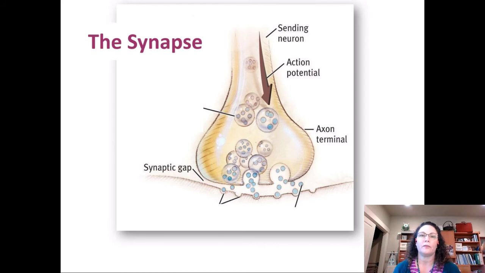At the terminal fiber, the electrical impulse, the action potential, comes down and actually causes little vesicles, little balls containing molecules in them, to rupture out the end of the terminal fiber, float across the synapse, and lodge in the receiving cell's receptor sites. And that's how the message gets passed. Those little blue balls in the picture are floating across the synaptic gap.